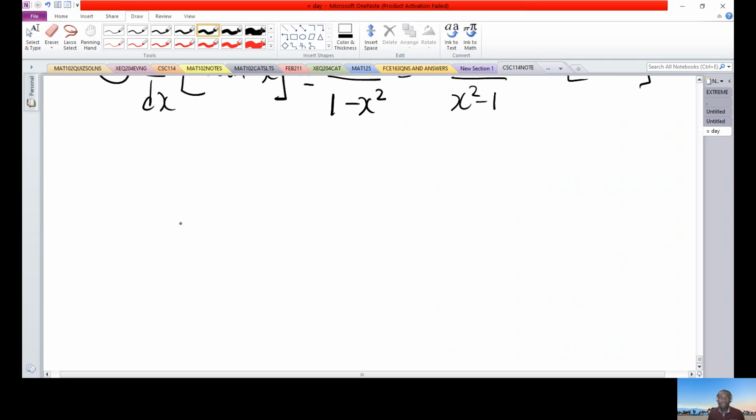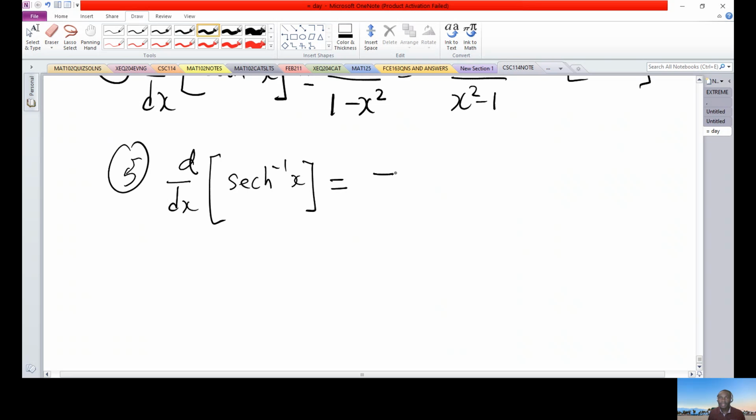Number 5, d/dx of the inverse hyperbolic secant will be given by negative 1 over x square root of 1 minus x squared. So please prove this, where x should be between 0 and 1.